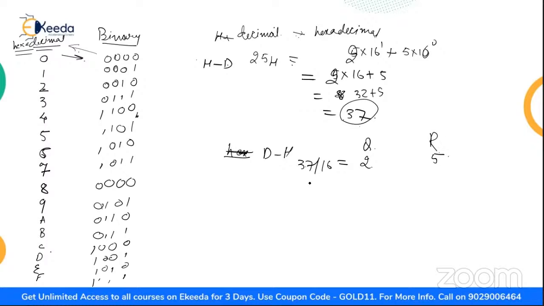Then 2 divided by 16, naturally quotient will be 0, remainder will be 2. Okay. So if you go from bottom to top, you will get 25 hexadecimal. In this way, you can convert 25 hexadecimal to decimal and decimal 37 into hexadecimal. Okay. So simple technique.